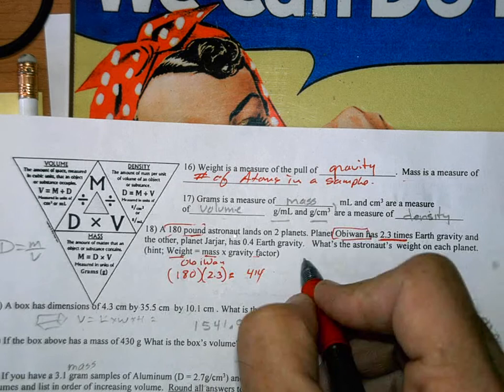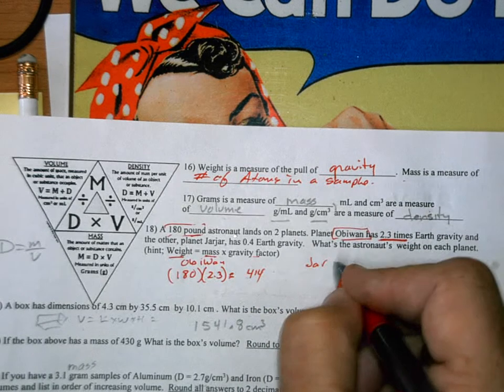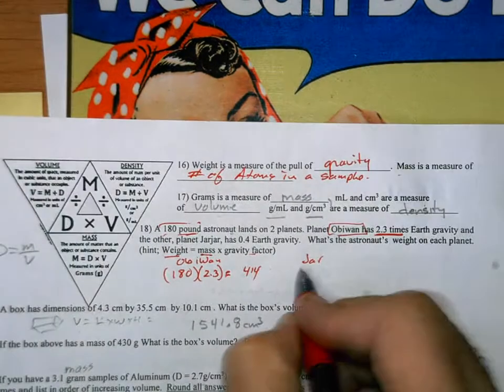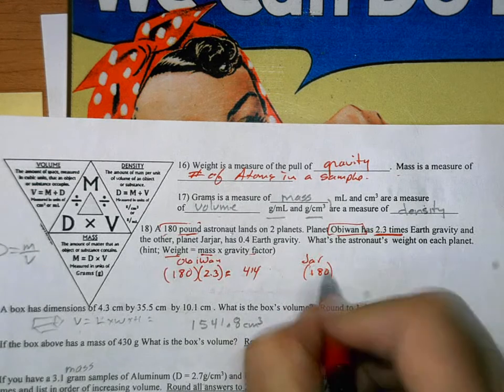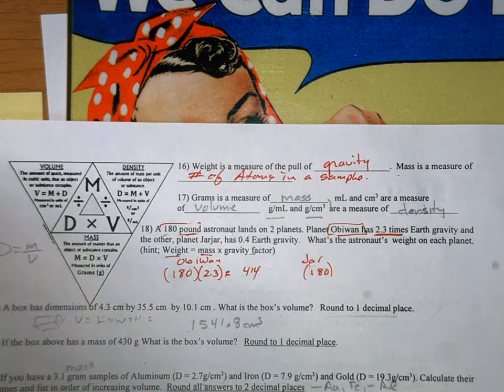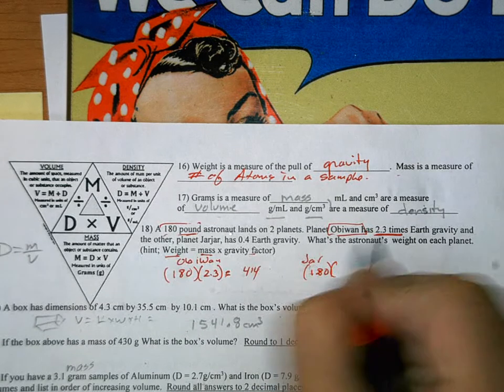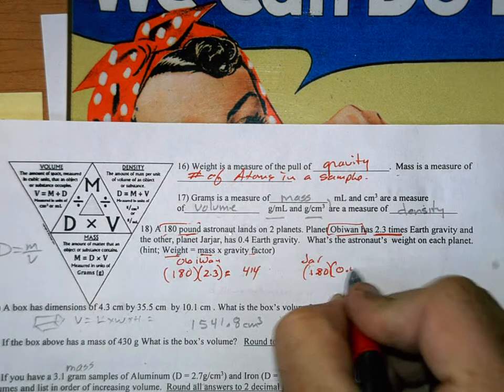Now on planet Jar Jar, Mushin Bombad planet here. Stop it, Jar Jar. Quit it. Jar Jar is, again, same weight. Sorry, I should have said this was kilograms. 180 is how much there would have been on Earth. But on Jar Jar, the planet is 0.4, so we multiply that by 0.4.